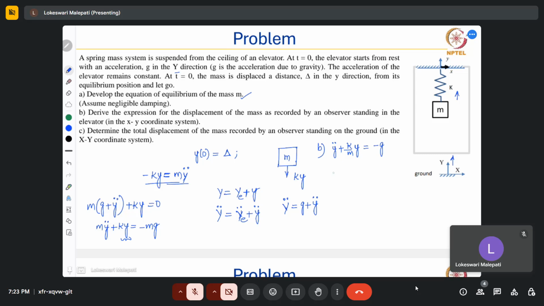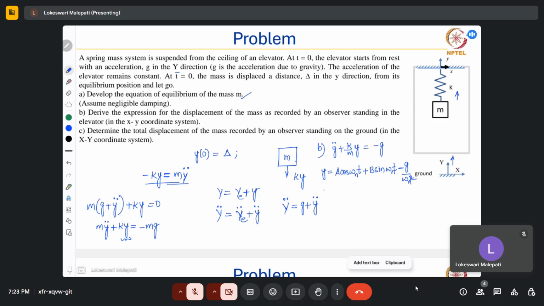If we solve, this is similar to the equation which we have been solving till now. So we will get a cos omega n t plus b sin omega n t minus g by omega n square, which is this.